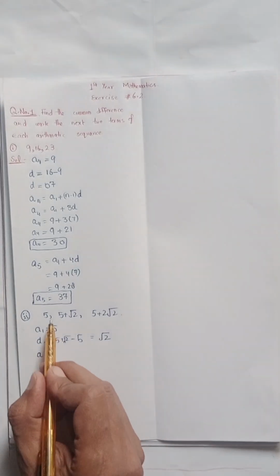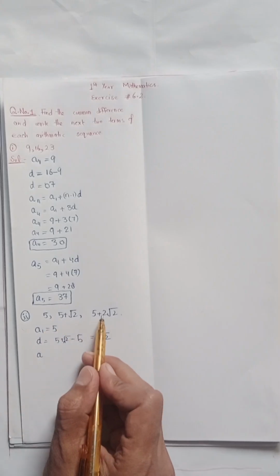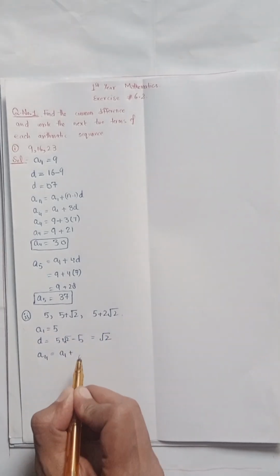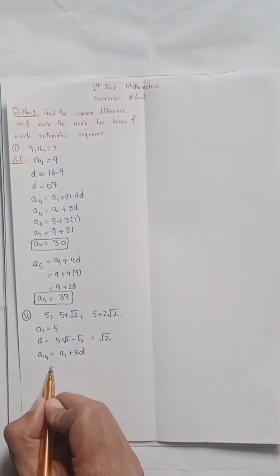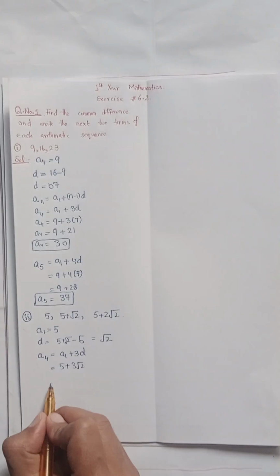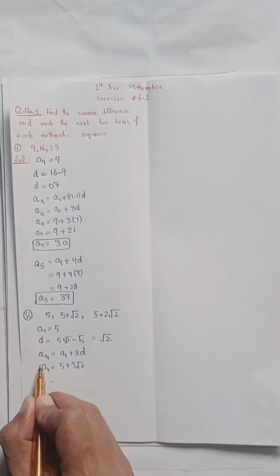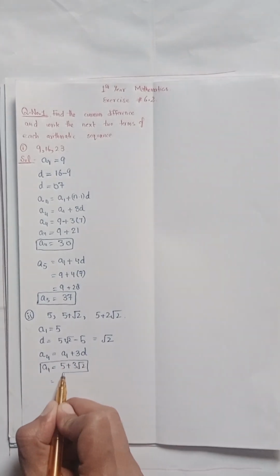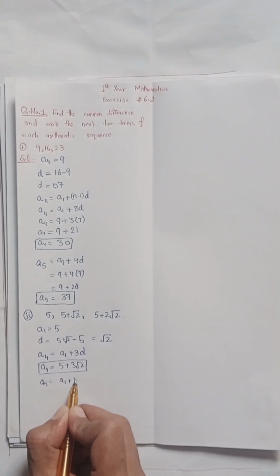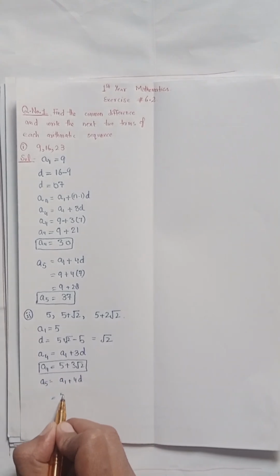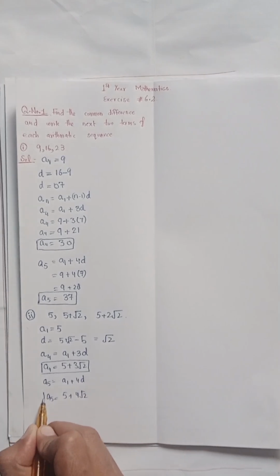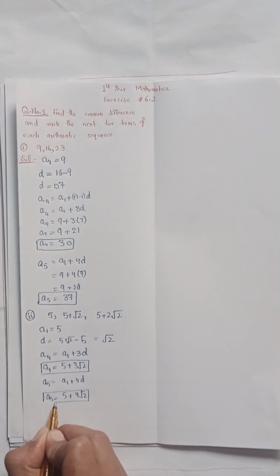Now we have to find a4 and a5 by applying this formula. A4 is 5 plus 3 root 2. This is our a4. Next, a5 equals a1 plus 4d, 5 plus 4 root 2. This is our required result.